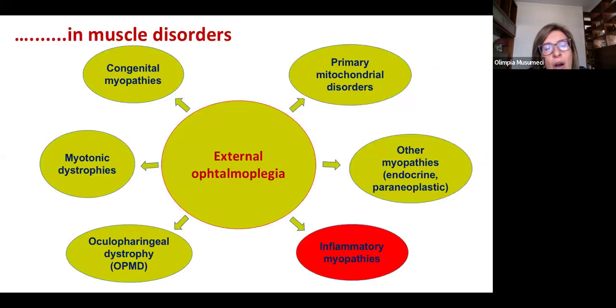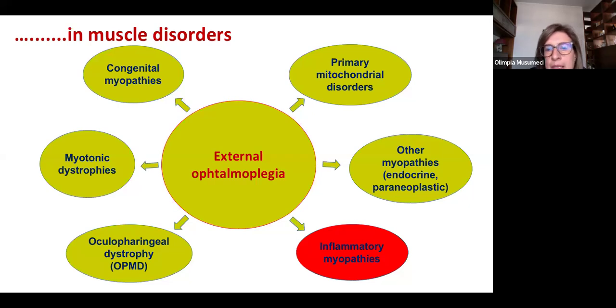So, going on to the differential diagnosis in other muscle disorders, in the last part of the presentation we will mention other muscle disorders that can present with eyelid ptosis or ophthalmoplegia, either bilateral or unilateral.